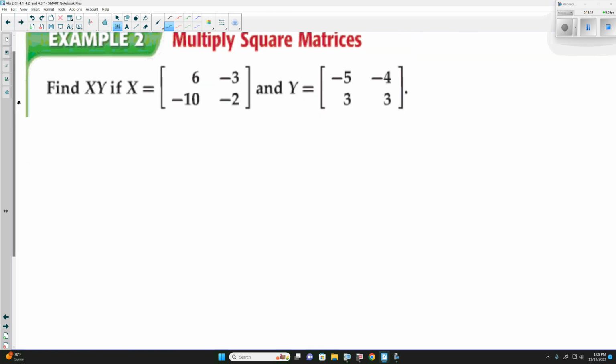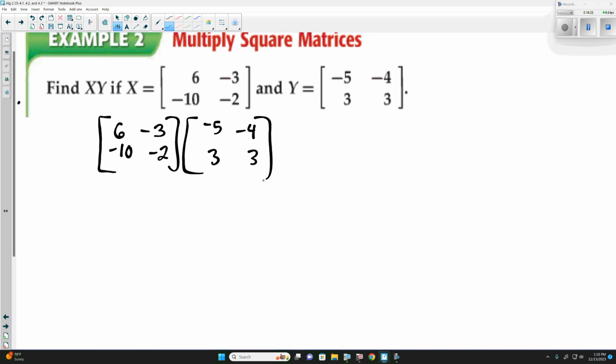Now, I'm just going to go through the process of multiplying these with y'all. I do want to show you how to multiply these here. When we multiply two matrices, we go over and down. So first row we go over, first column we go down.